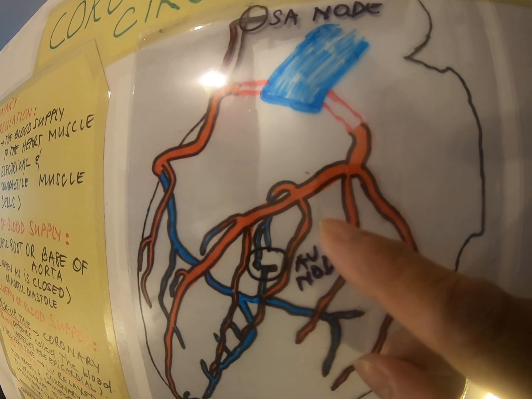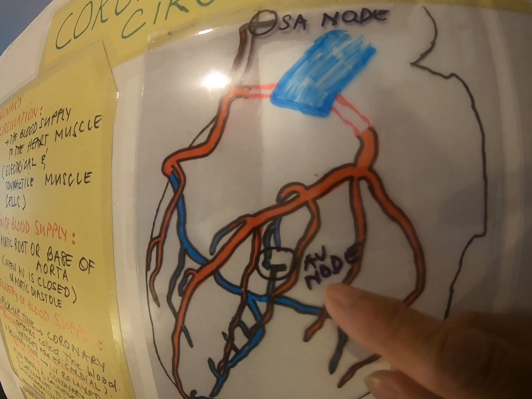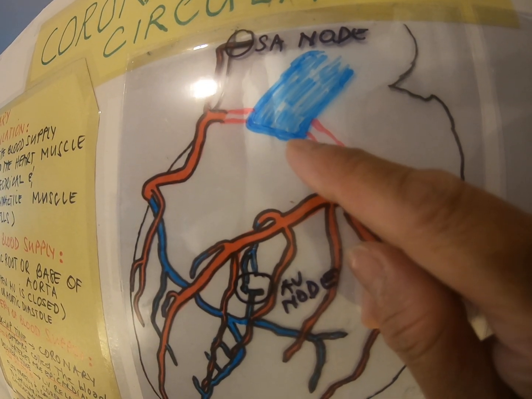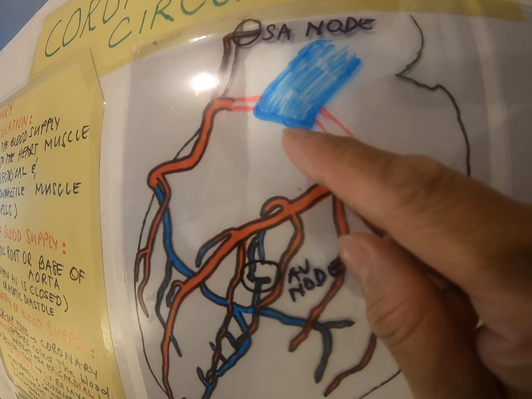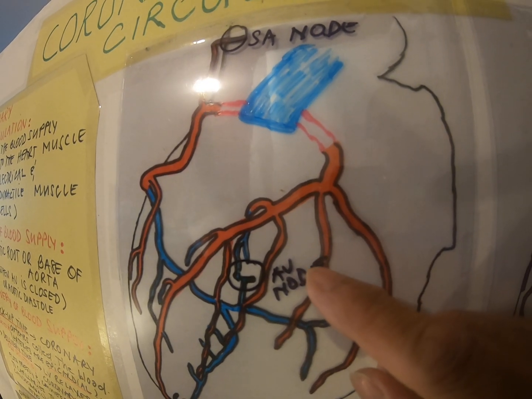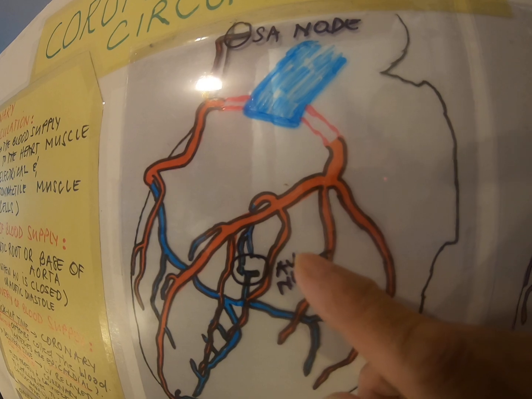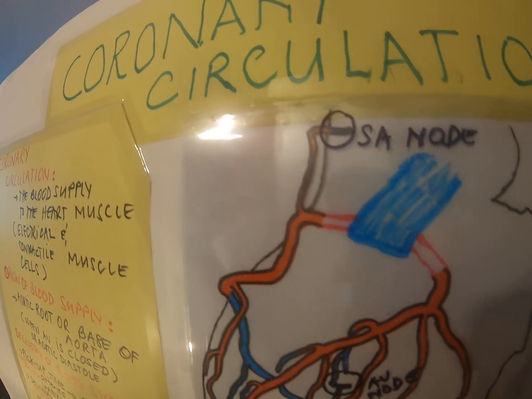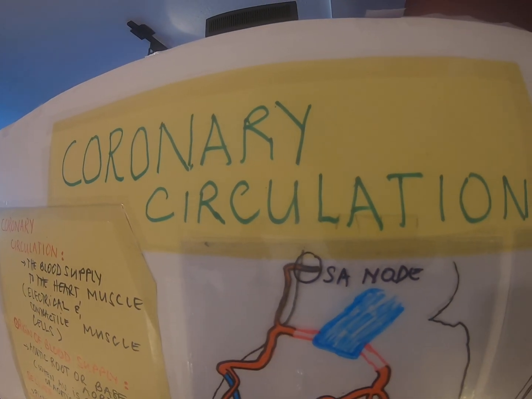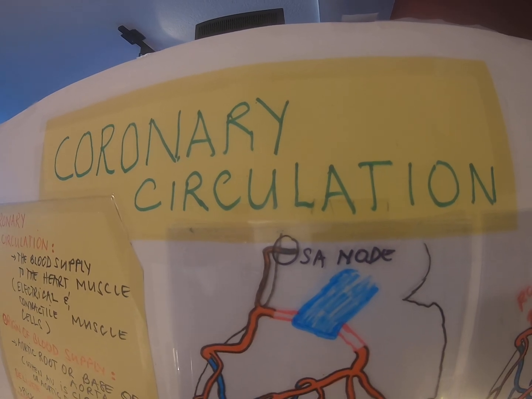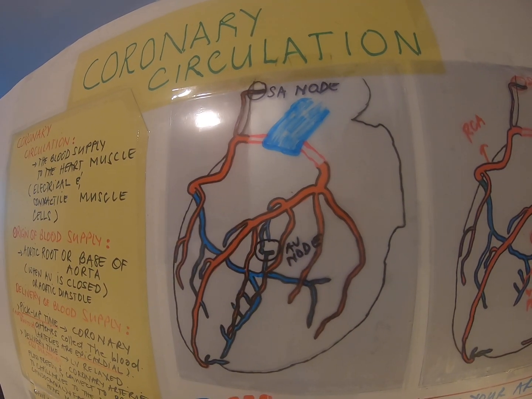So they wait till there's a relaxation of the left ventricle, and they wait till also aortic diastole. So aortic diastole, the aortic valve closes, and left ventricular diastole, that is when it relaxes. That is the time of coronary circulation or perfusion. That's it. So we discussed that one.